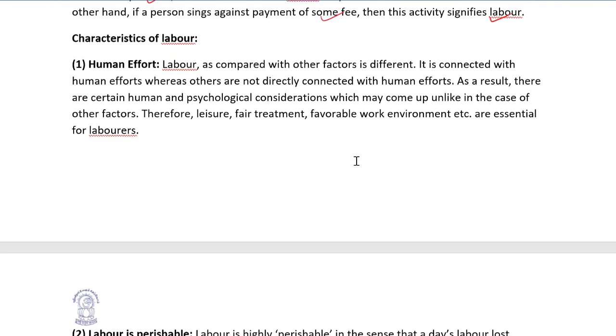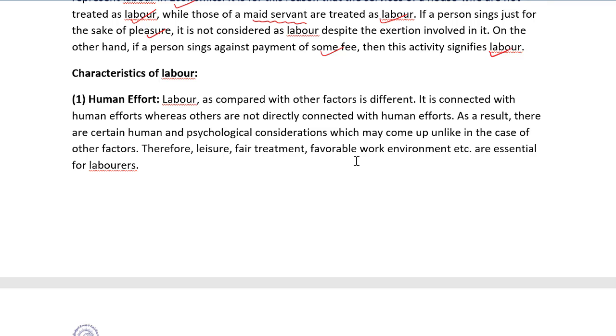Let us see the characteristics of labor. The very first characteristic of labor is human effort. So over here we can say that labor involves human effort with a view to gain some economic reward. So human and psychological considerations come up in this context of labor.